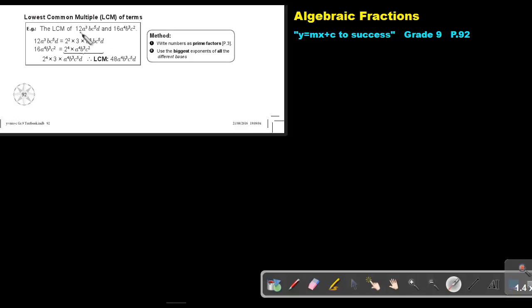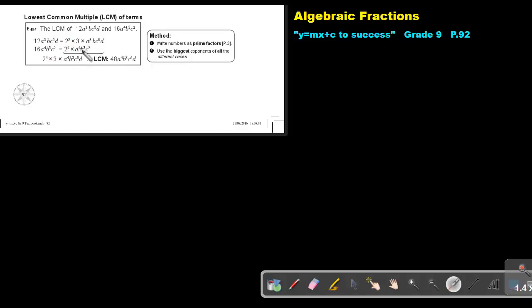Okay, so we're going to do exactly as we did with the highest common factor. We're going to take the 12 and 16 and break them up into the product of their prime factors. Remember the method: you write the numbers as prime factors, then you use the biggest exponents of all the different bases. If there's a 2, you write 2 and look for the biggest one. If there's a 3, you write 3.